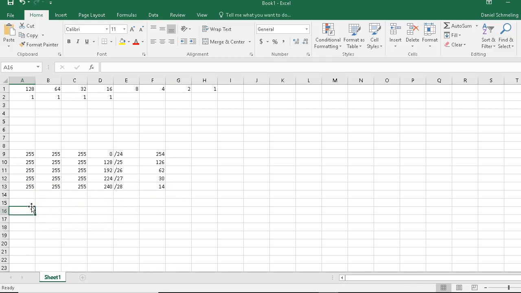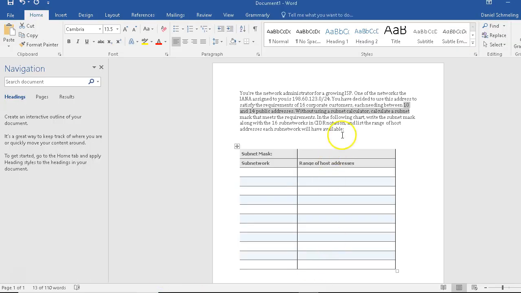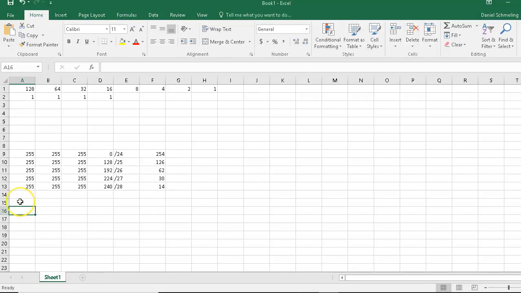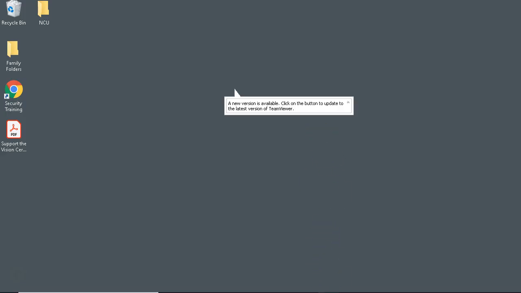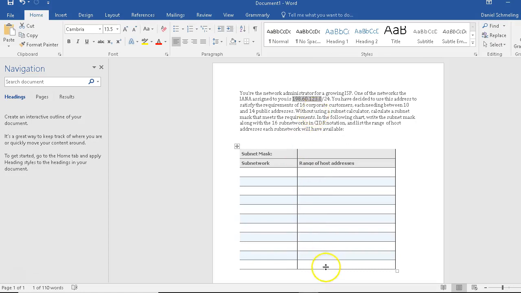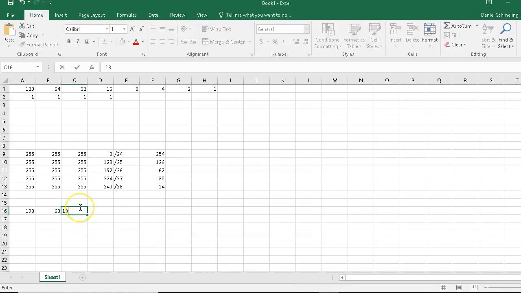So what I have to do now is take the IP address that they've given me, 198.60.123.0, and I have to start breaking it down into a /28.